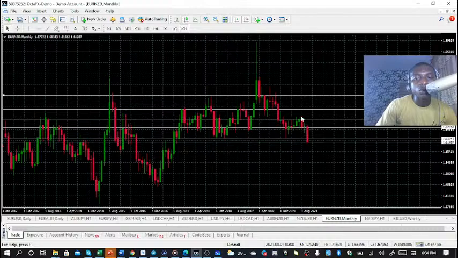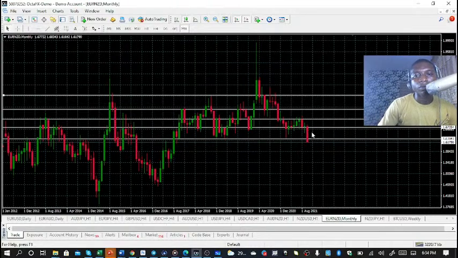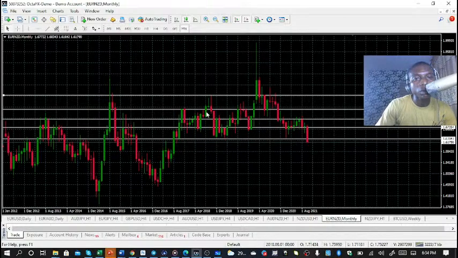And August, this is how the candle closed. July, June. So these are how the candles closed, right? The candle on the monthly time frame is only telling you what happened in one month.